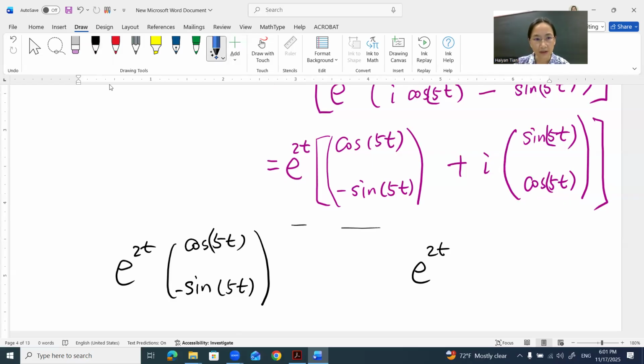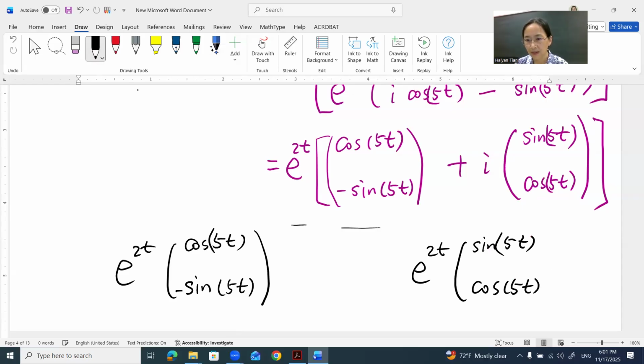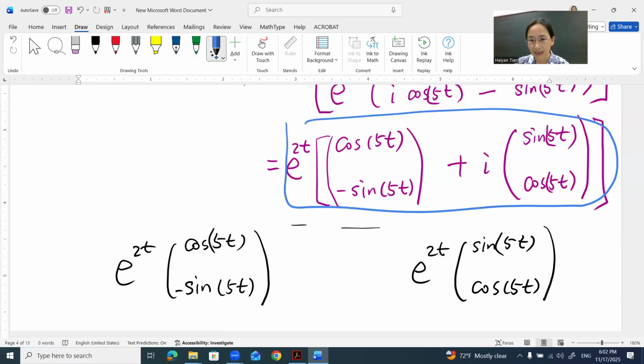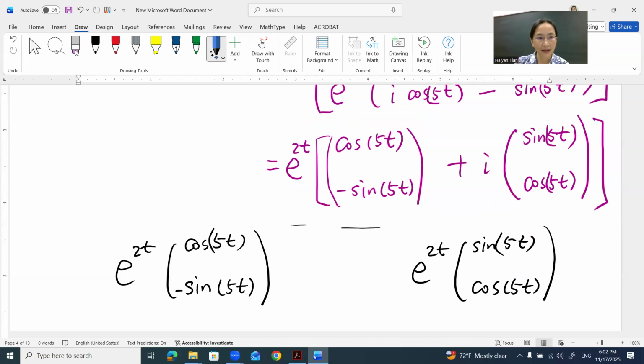That's the imaginary part of this solution. So I will write sine 5t, cosine 5t. So if we don't like this complex valued solution, we can use it to find two real valued solutions. And they are these two in black font.